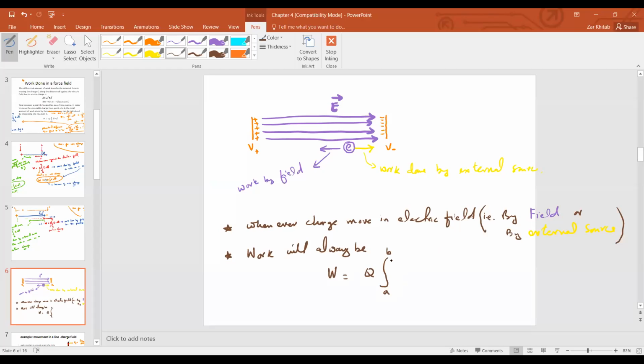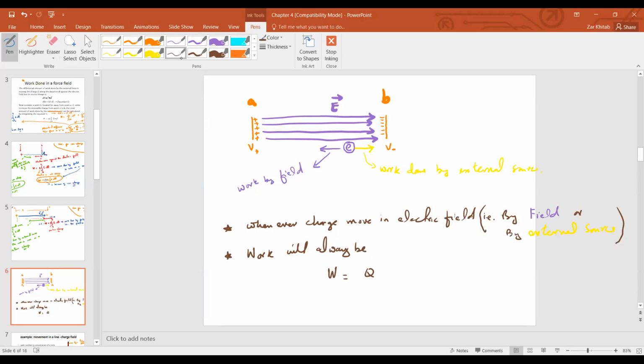From A to B, or from B to A. If this is your point A and this is point B, then the purple work will be from B to A, and the yellow work will be from A to B. The purple work will be from B to A, right?